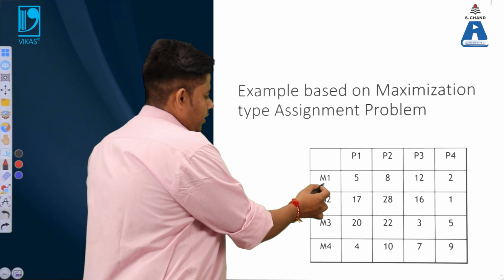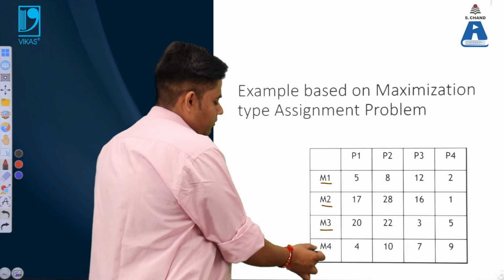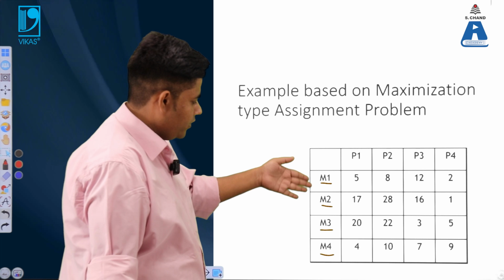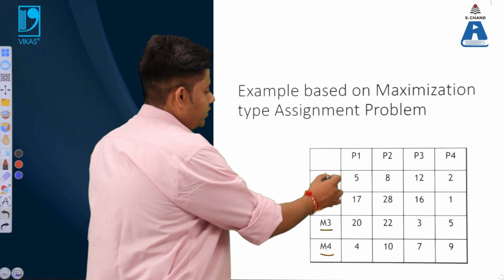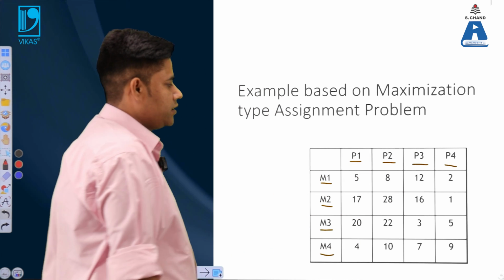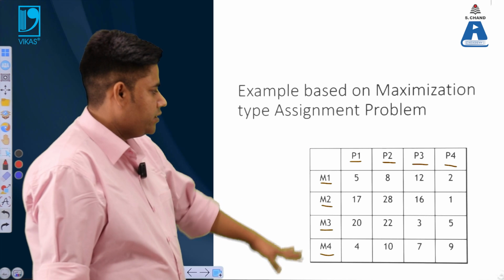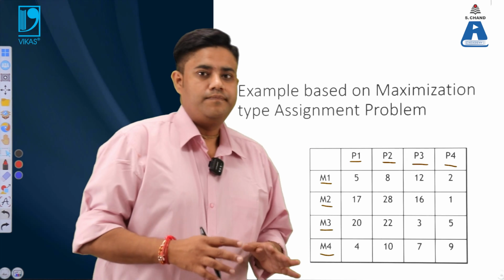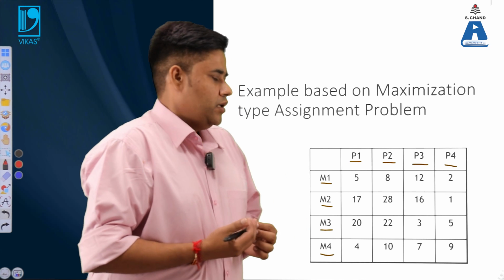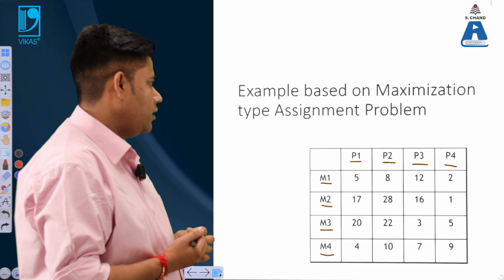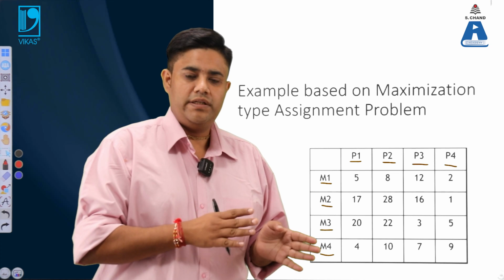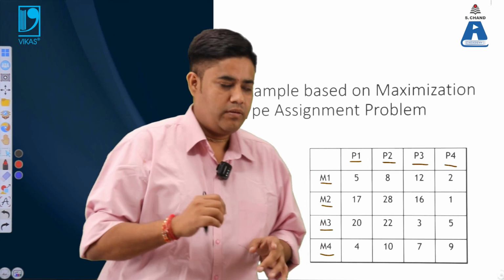Here there are some machines, M1, M2, M3 and M4, and certain persons connected to them, and we want to allocate the tasks to the persons with an objective to maximize the overall output. So we will follow a procedure, which is the conversion of the maximization type problem into the minimization type problem.